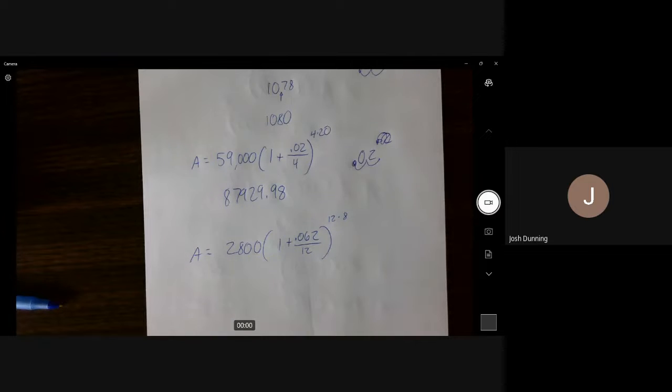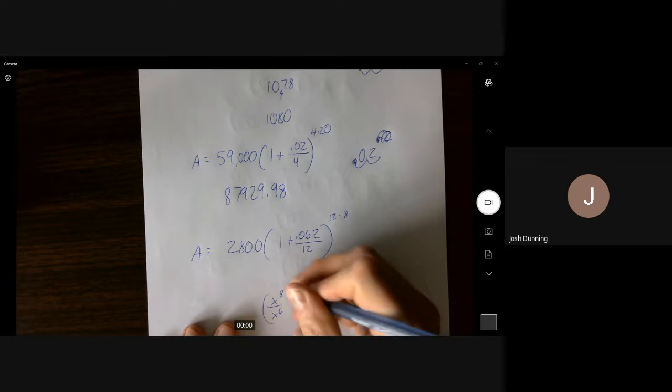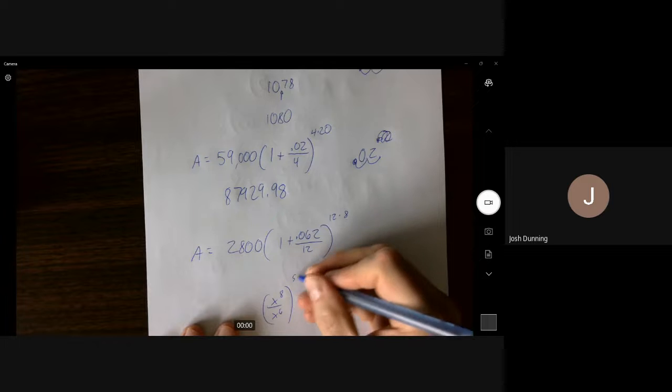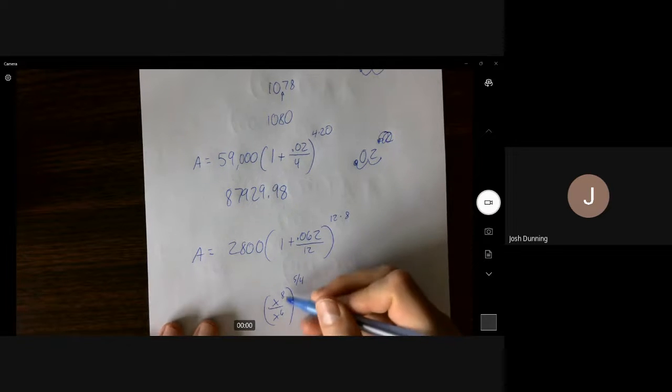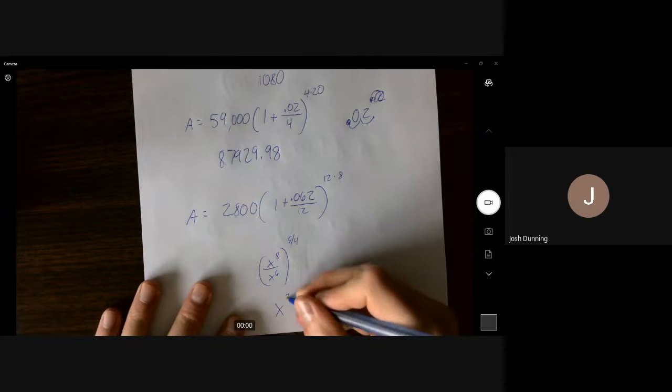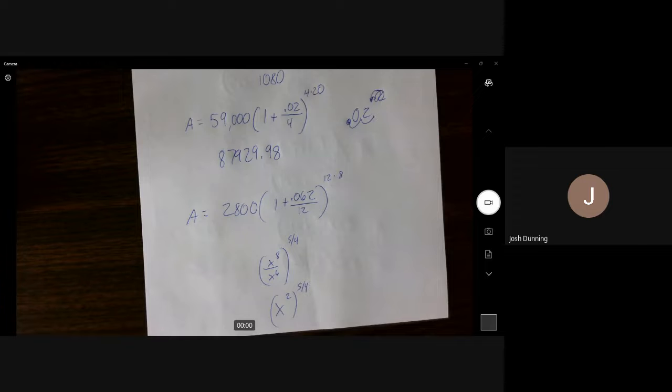All right, what do we have going on here? Now this says x to the 8th over x to the 6th, to the 5/4 power. Again, subtract exponents, so that's x squared to the 5/4. Power to a power, you multiply.